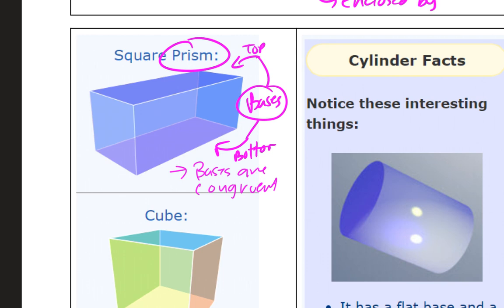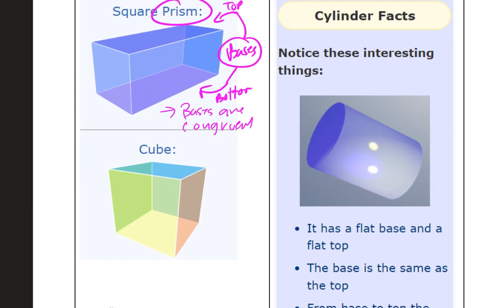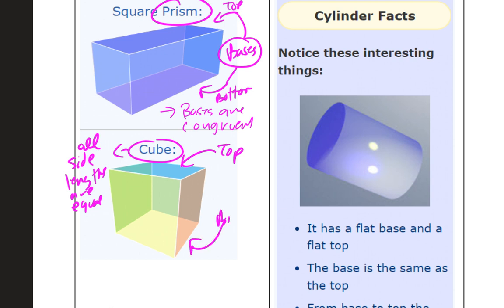Okay, so then what's the difference between a square prism and a cube? Well, you might tell this one doesn't have all the sides the same. A cube has all side lengths equal. On this one, we would say the top and this bottom are still the bases, and those are going to be congruent.